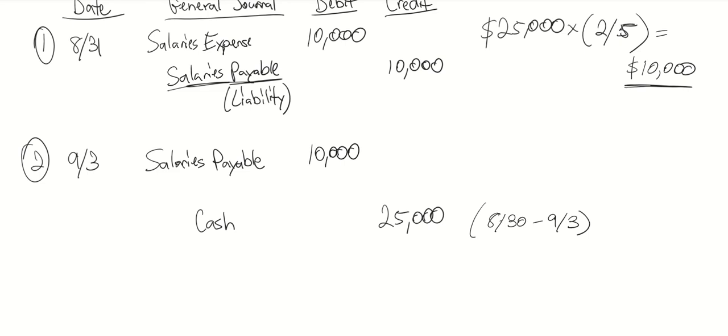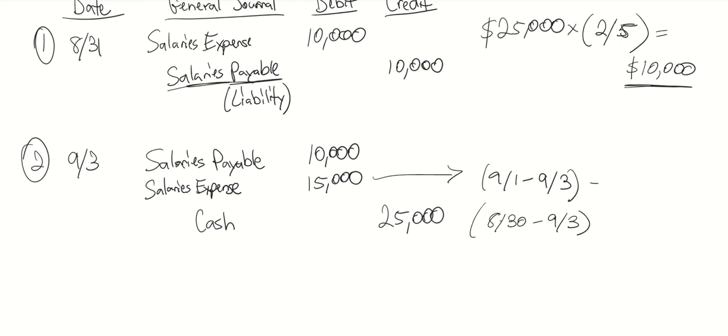The difference of $25,000 and $10,000 is going to be debited to salaries expense, because we still have to record the expense that occurred from 9/1 through 9/3.